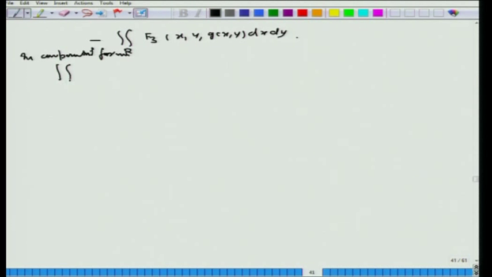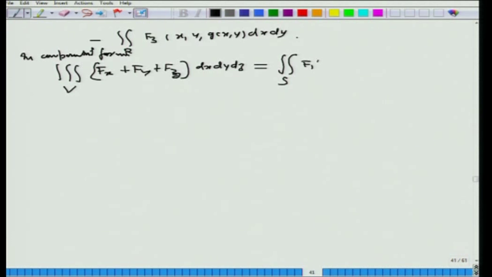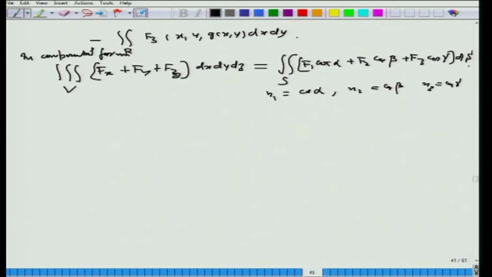We have that the triple integral over V of f 1 x plus f 2 y plus f 3 z dx dy dz equals the integral over S of f 1 cos alpha plus f 2 cos beta plus f 3 cos gamma ds, where n 1 is cos alpha as usual, n 2 is cos beta, n 3 is cos gamma.